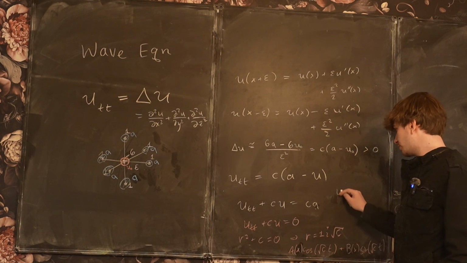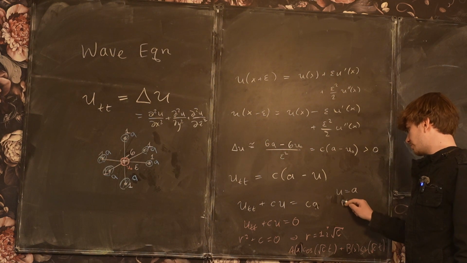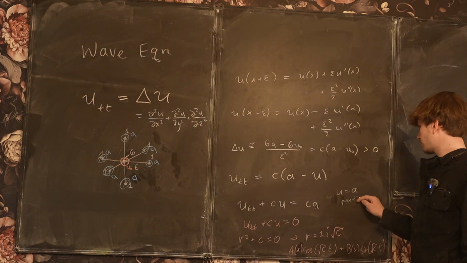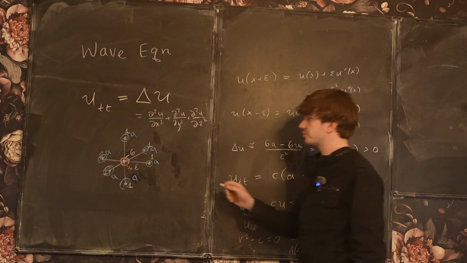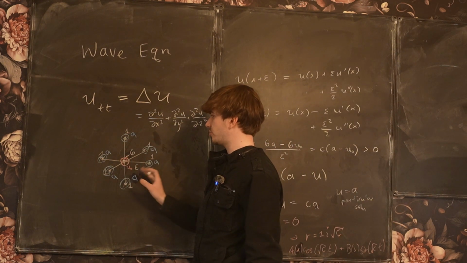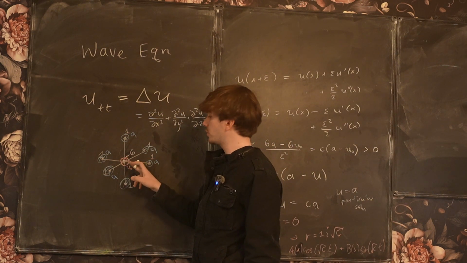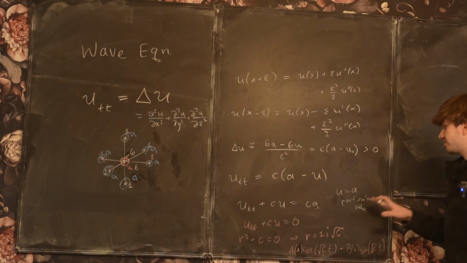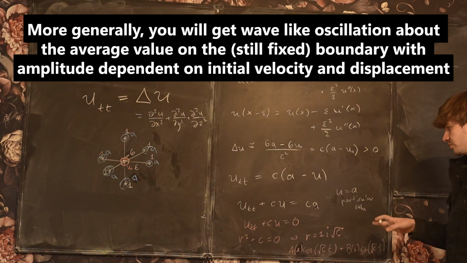Okay, so u equals a is the particular solution. Notice that we're assuming the outside values to be fixed, and we're only allowing the inside to vary. So that's a critical reason why a is just a constant and this particular solution works.